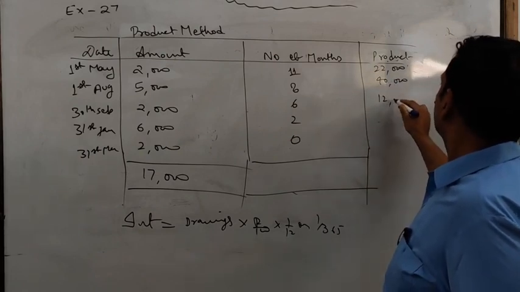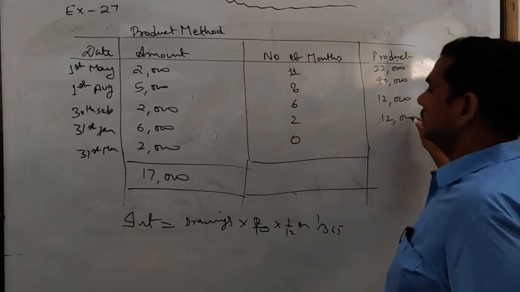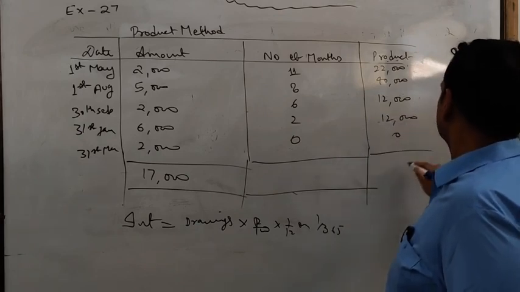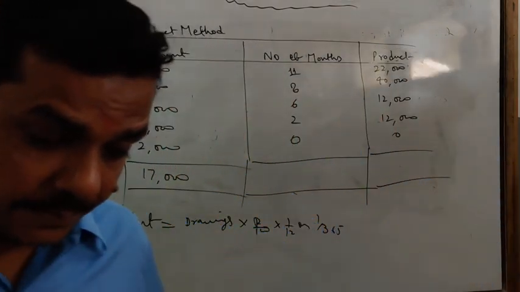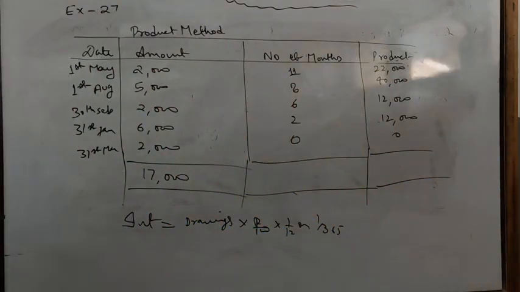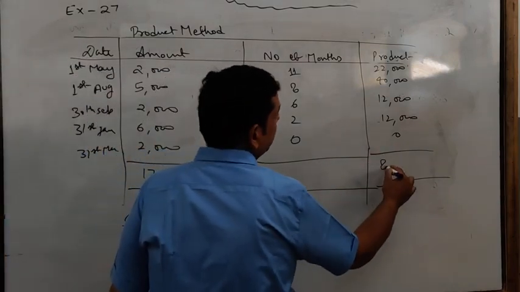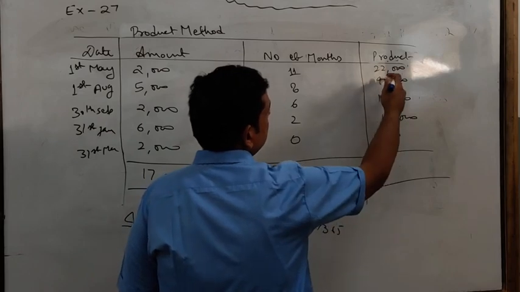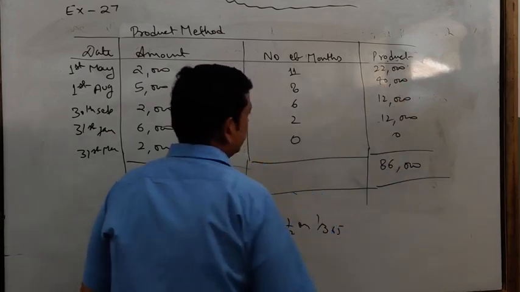Clear? Then 12,000. Again 12,000 and 0. Clear? Now make a total of this thing. Clear? So first make a total, this will come near about 86. Yes, 86,000.